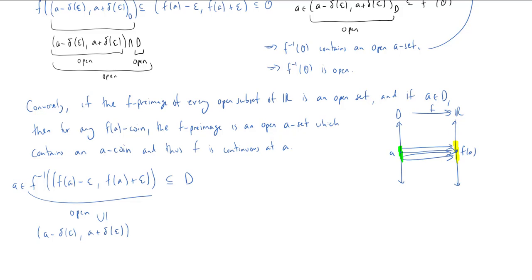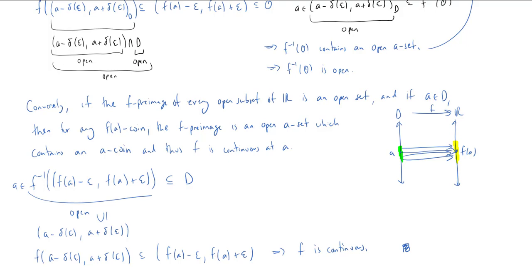And so if I apply f to A minus delta of epsilon, A plus delta of epsilon, well, because it's in this preimage, that means this is contained in f of A minus epsilon, f of A plus epsilon. And this is precisely what you need to show happens for f to be continuous. Okay, so either way, we've proven the result.